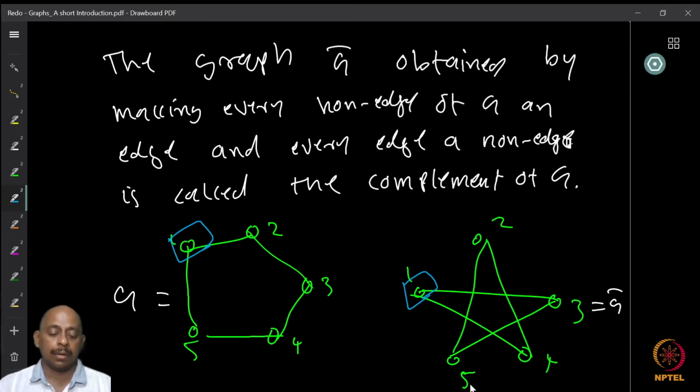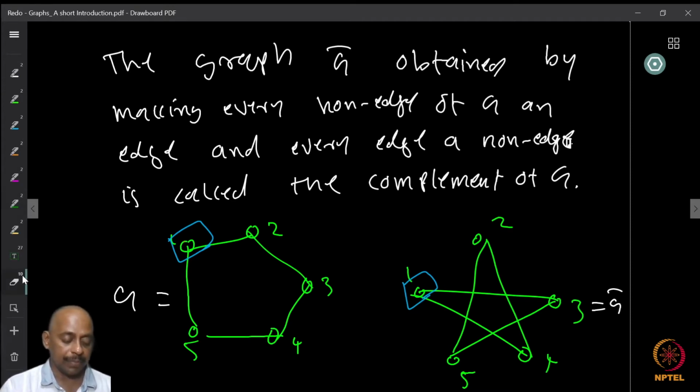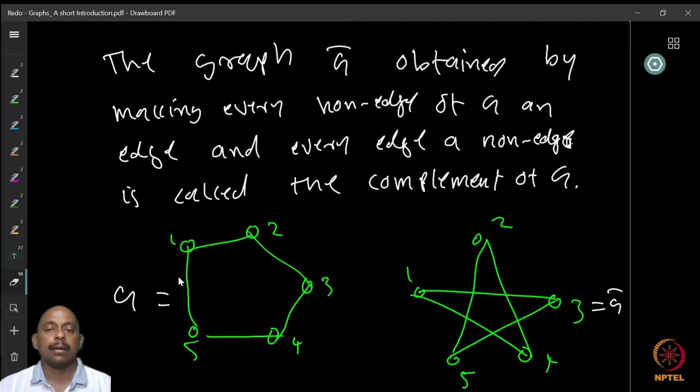Now, let us define something else. Let's take a graph G, and I will make a new graph on the same vertex set.